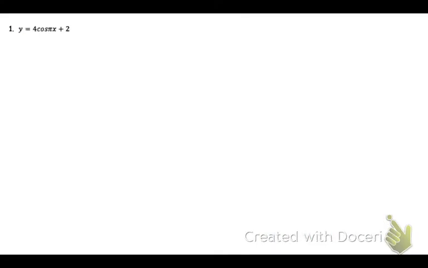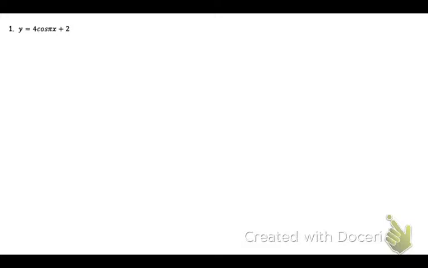In our next example, I've decided to utilize Desmos because it is a lot neater of a presentation than what I was drawing. So here's another example, y equals 4 cosine pi x plus 2. So my amplitude would be 4.